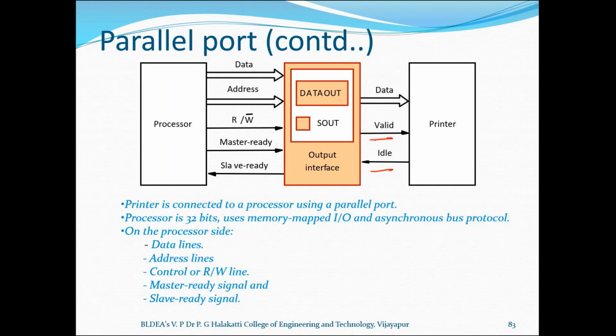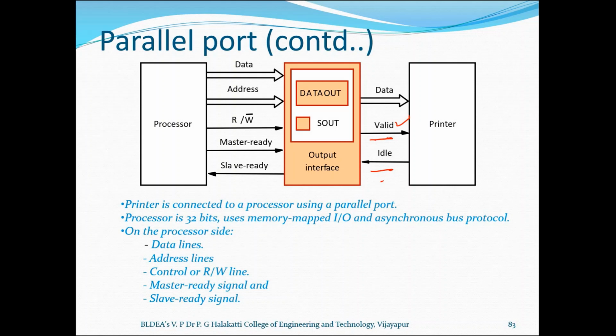When it is ready to accept a character, it asserts its idle signal, and the interface circuit places a new character on the data line and activates the valid signal.